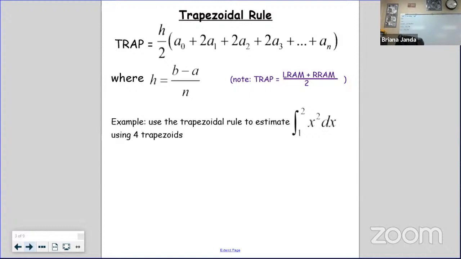I can figure that out by considering the distance between 1 and 2 and dividing by 4, but I can also use our height formula: the difference in our interval, 2 minus 1, divided by however many trapezoids I'm trying to make. 2 minus 1 is 1, divided by 4 is 1/4.